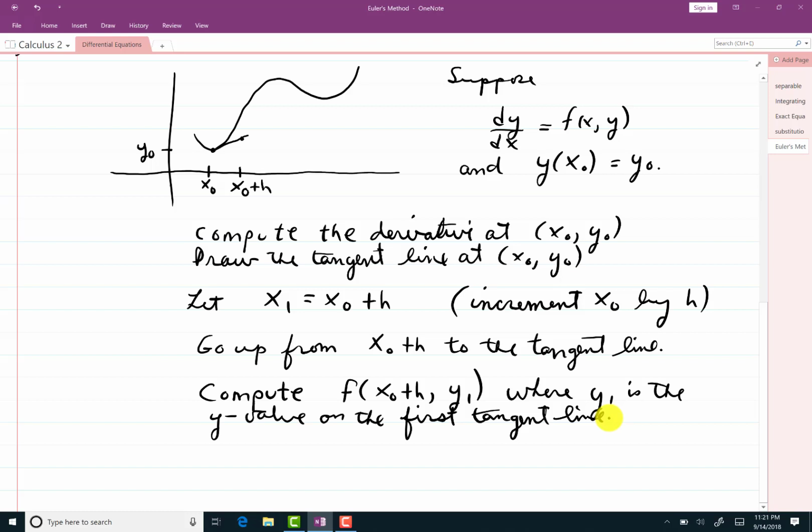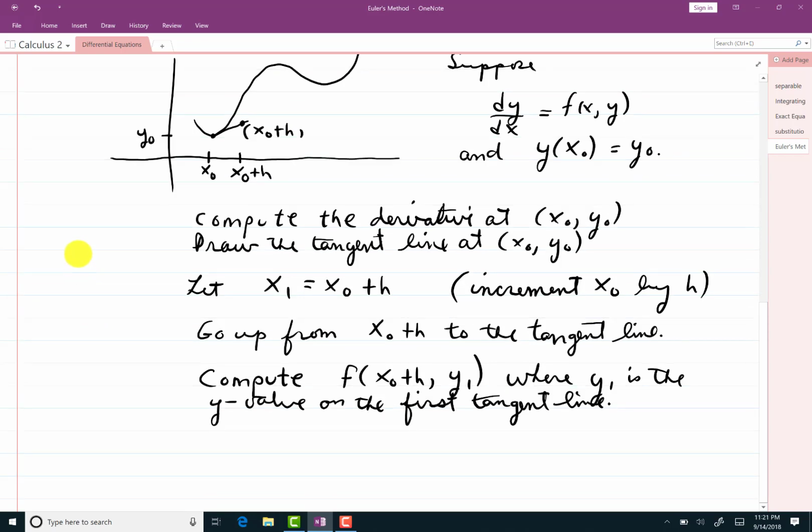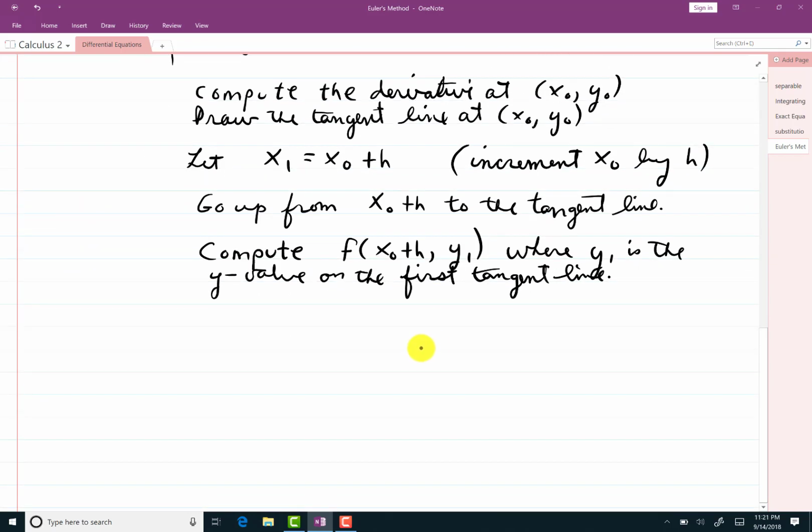All right, so from here we go up and I locate my point, and that gives me coordinates x sub 0 plus h. And the y value now, I want you to think about how the y value is gotten. You start at a point x sub 0, y sub 0.